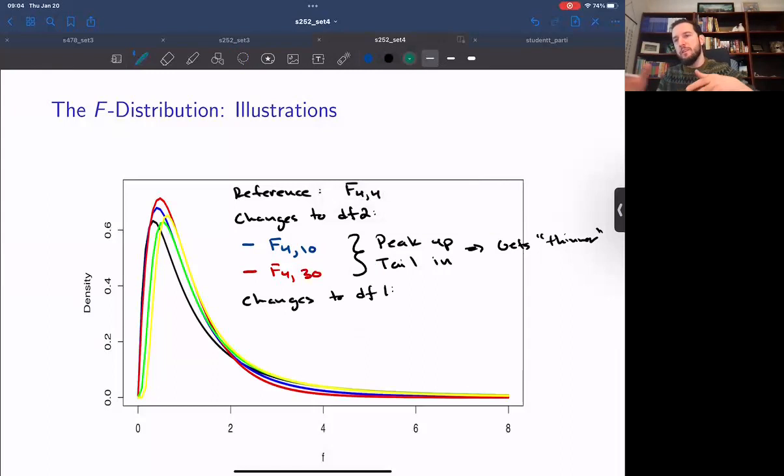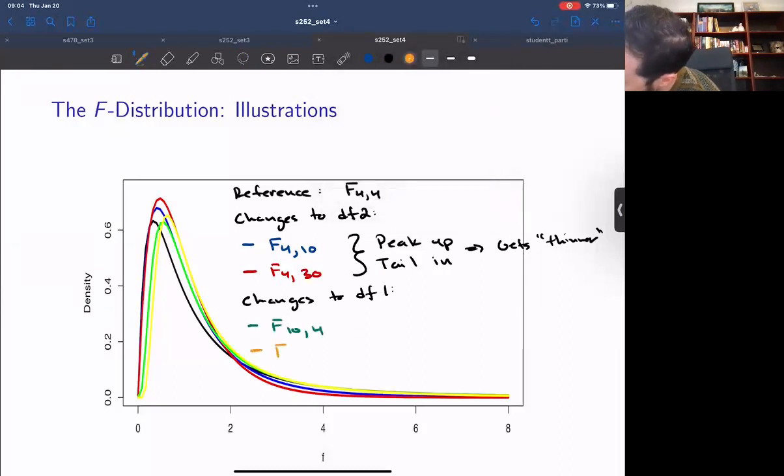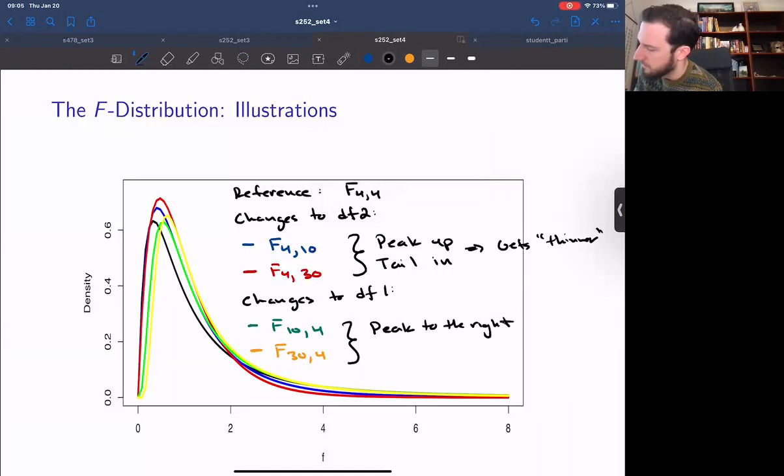As you can imagine, this is basically going to be the opposite of what we saw above. So for the green curve, we now have an F on 10 and 4. And for the yellow curve, we now have an F on 30 and 4. So here we're going to have the peak to the right and the tail out.